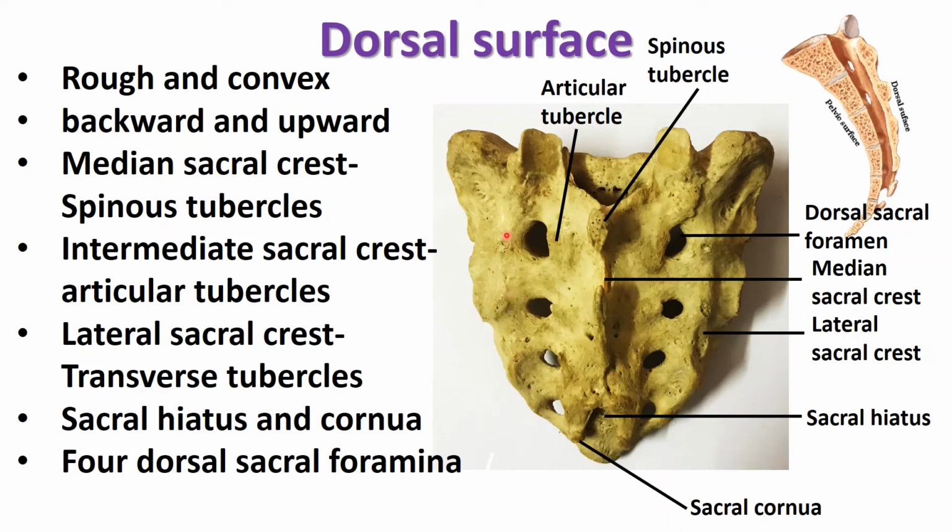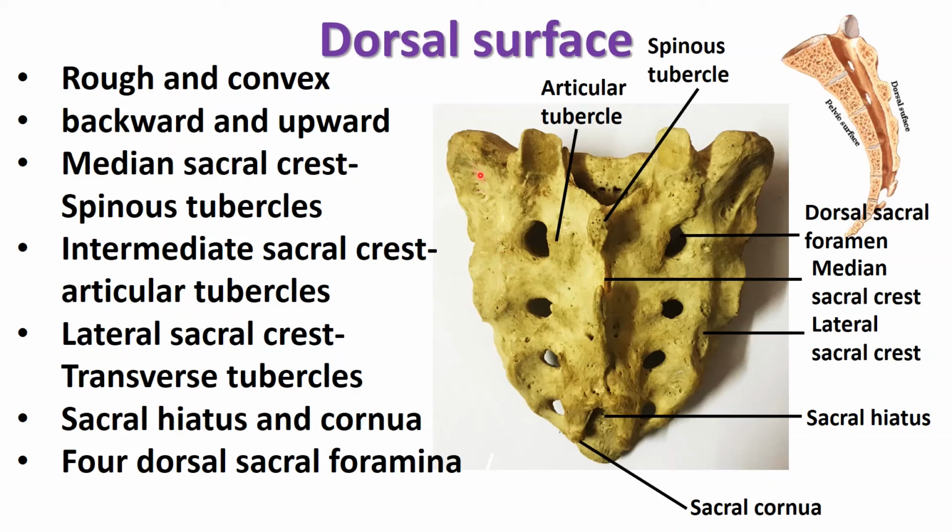So here the transverse processes are fused and form the lateral sacral crest. The apex of the transverse processes is represented as a transverse tubercle. So here you can see on the lateral sacral crest, this projected part is the transverse tubercle.